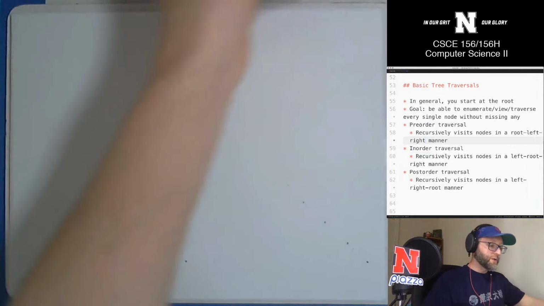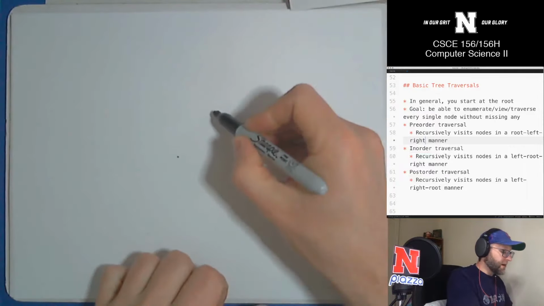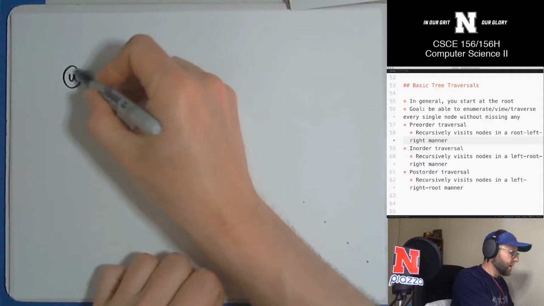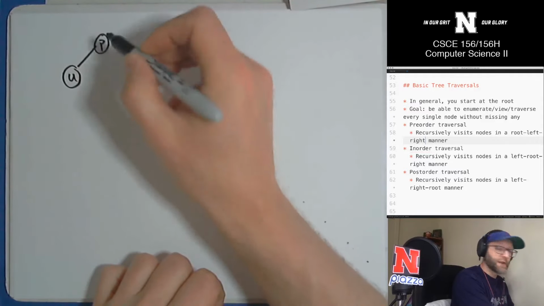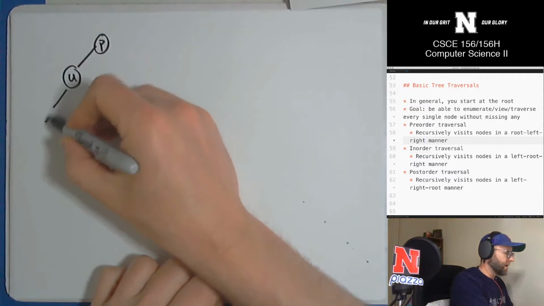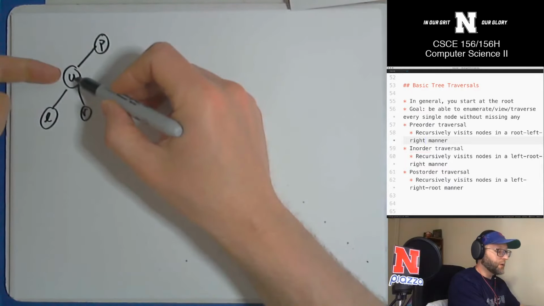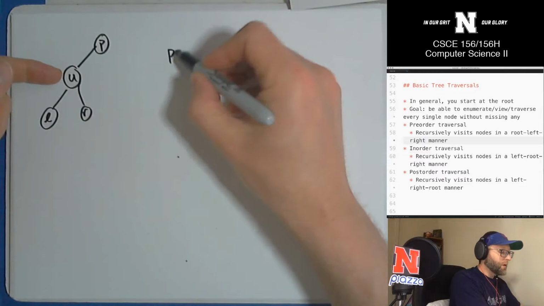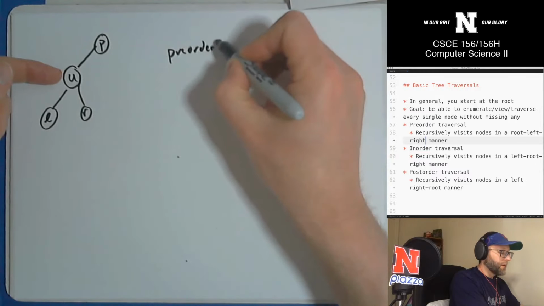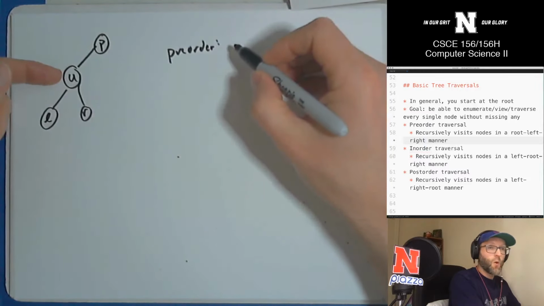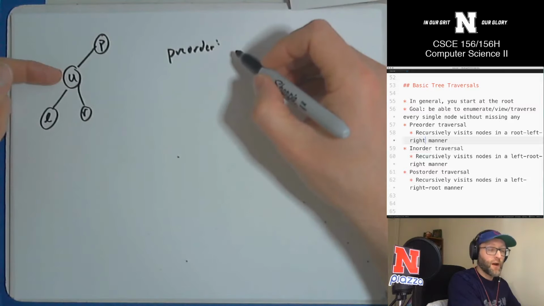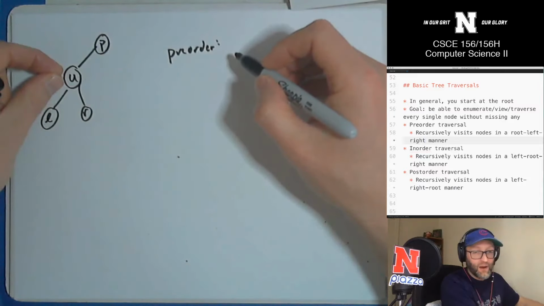So let me go ahead and visualize that over here. If I've got just a general node here, I came from potentially a parent. I've got a left child and a right child. So I came down to you with a pre-order traversal. What I do is I examine, or I traverse, or I process whatever data is in here.